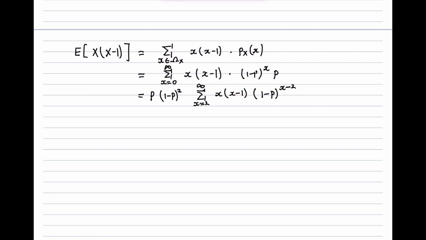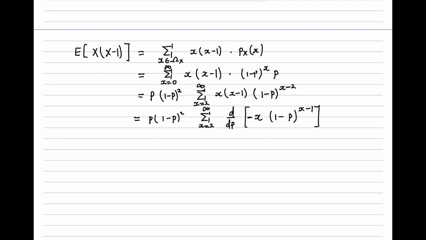So, in doing so, we can continue writing p times (1 minus p) squared, the sum of x equals 2 to infinity of d on dp of the following expression: x times (1 minus p) to the x minus 1, with a negative out the front.